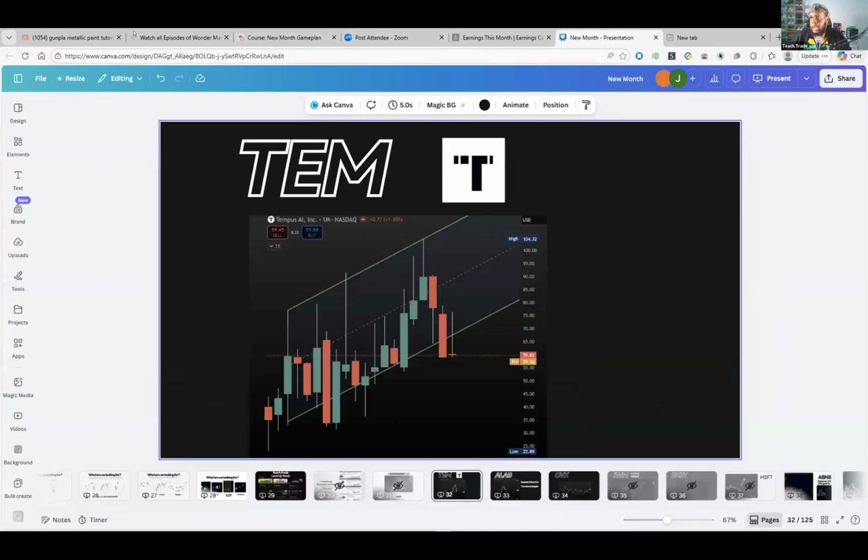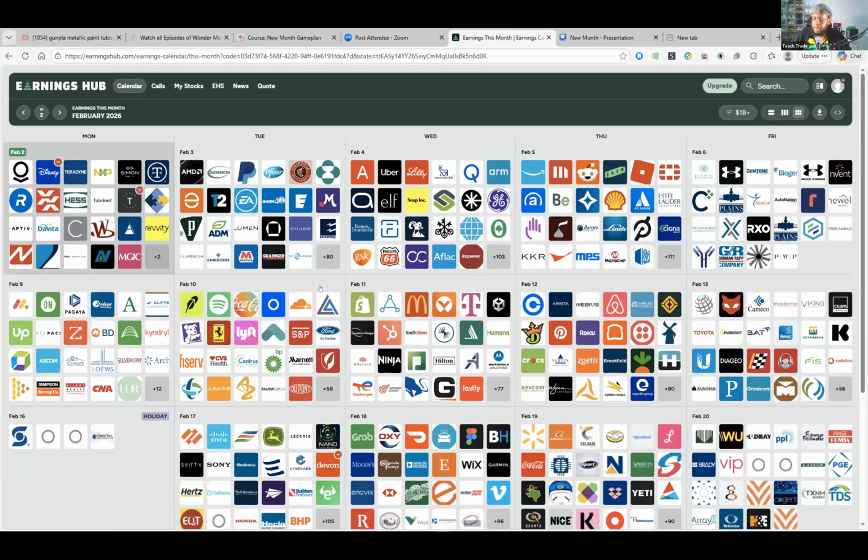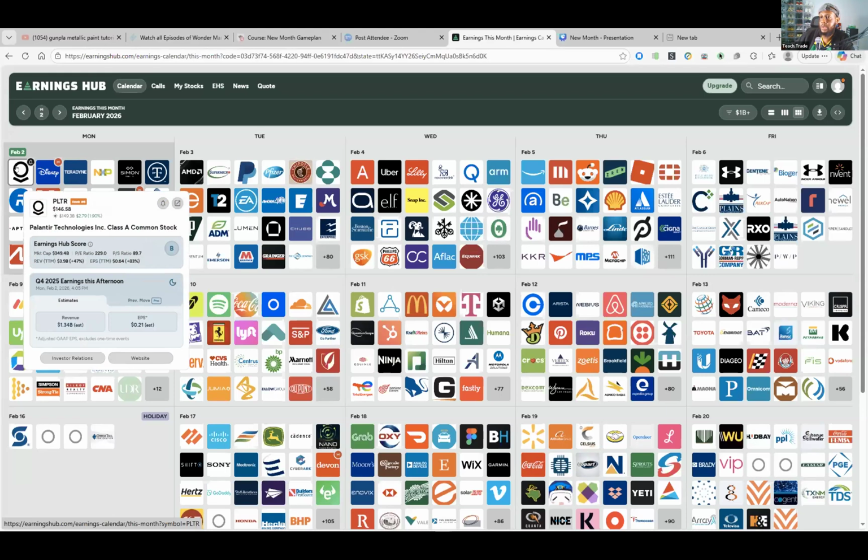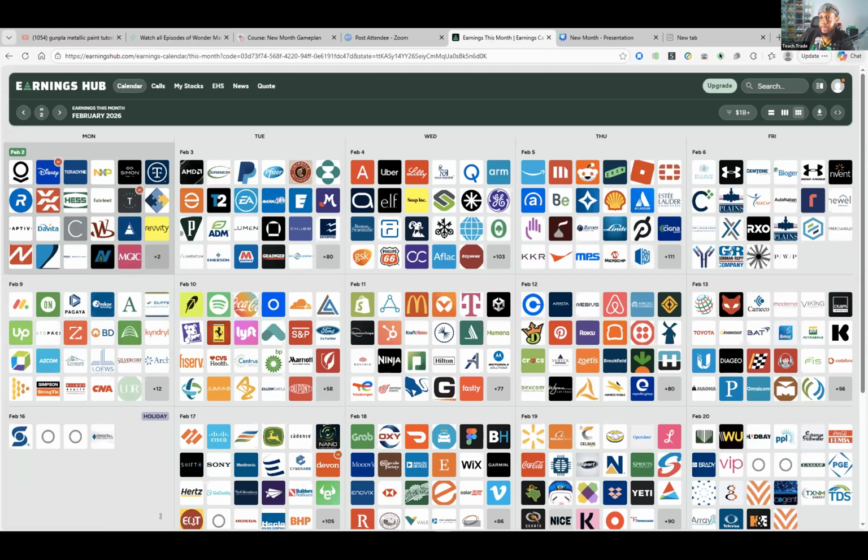And one thing I did want to talk about quickly is the earnings for this month. If this doesn't blind your eyes with all these colorful icons, this is basically some of the major stocks that have earnings this week. I'm not going to try to go through them all, but you can recognize some familiar icons. For example, Palantir has earnings today. Disney has earnings today.